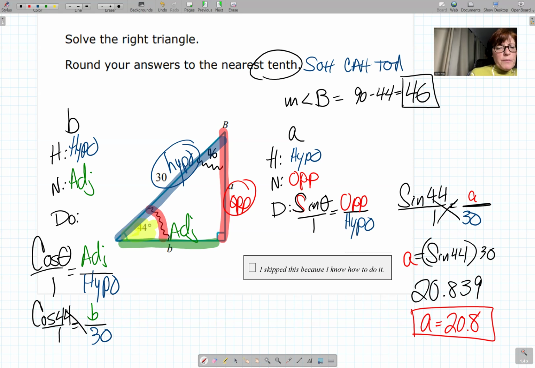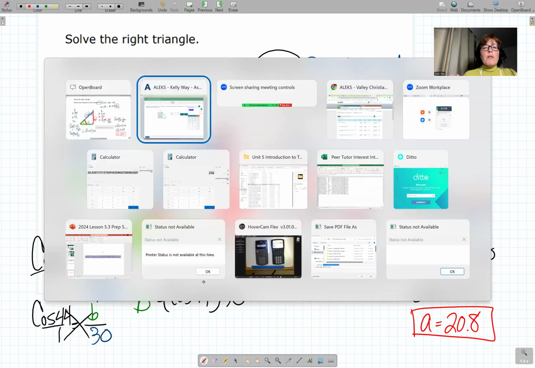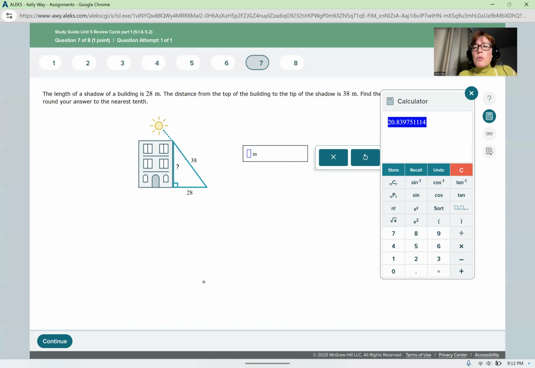Cross multiply, and B is going to equal cosine 44 times 30. So we come over here, and this is what the ALEKS calculator looks like. We do cosine 44, hit the equal sign, times 30, hit the equal sign.